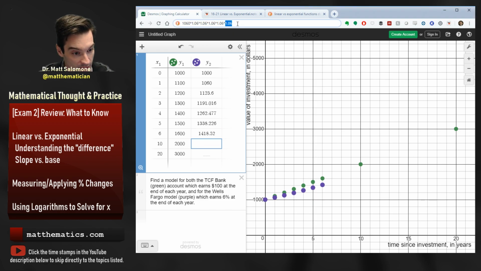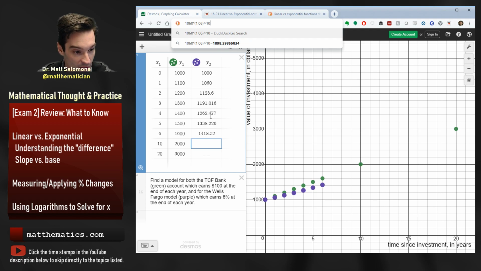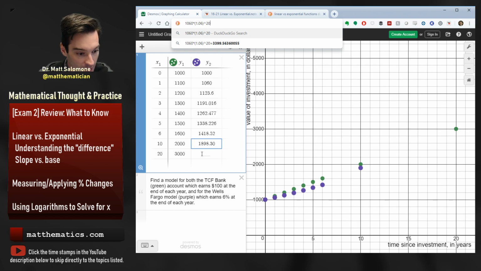And so something interesting then happens if we try and extrapolate this out to the 20-year mark. So at the end of that 10th year, the TCF bank account, the green one, is actually still leading. At the end of that 10th year, we're at 1898.30. But at the 20-year time horizon, suddenly we have it the other way around. At the end of that 20th year, we're at 3399.56.